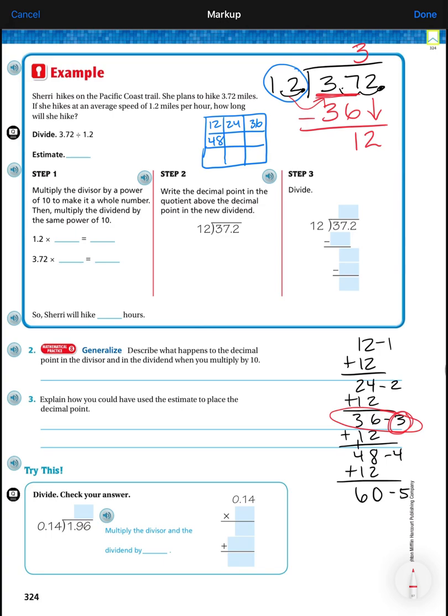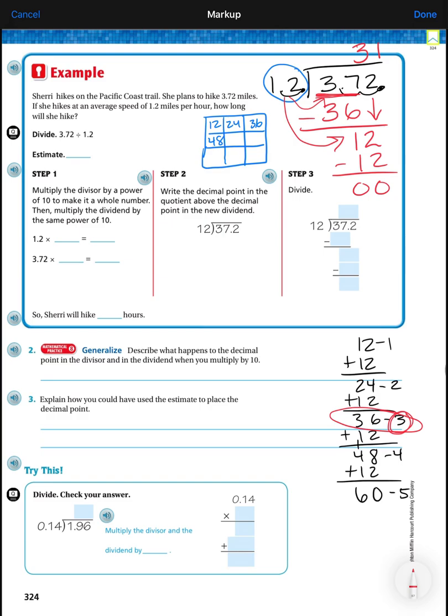Now the great part about this is I say, okay, how many times can 12 fit into 12? Well, I know it can fit 1 time exactly. So I can say 1 times 12 is 12. We subtract. I have no more numbers to bring down. I do not have a remainder. Okay. Now at the top, I do have to place my decimal point.